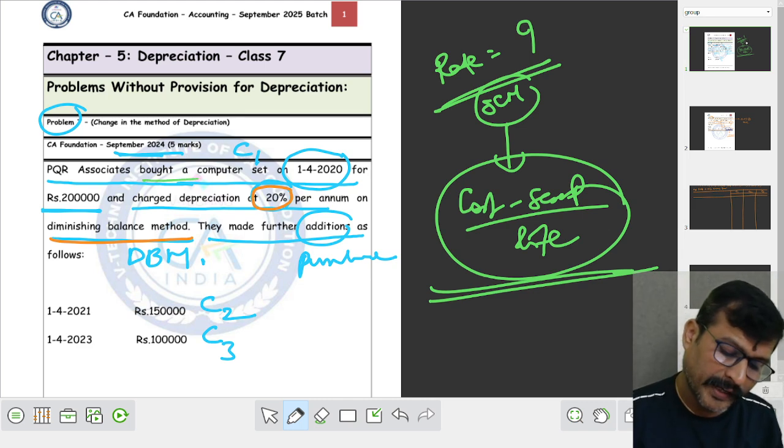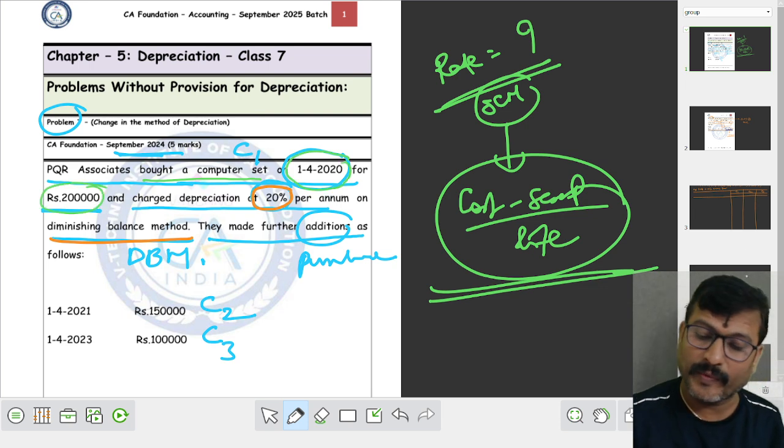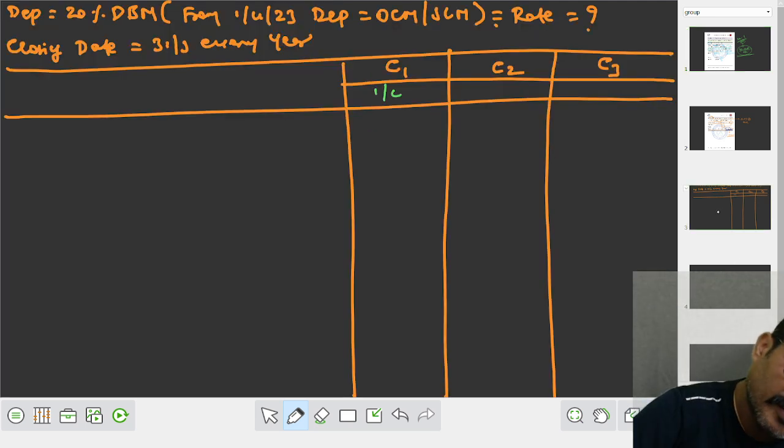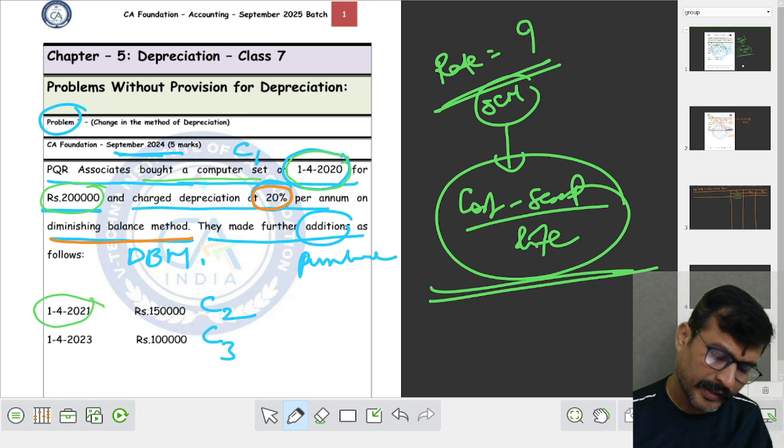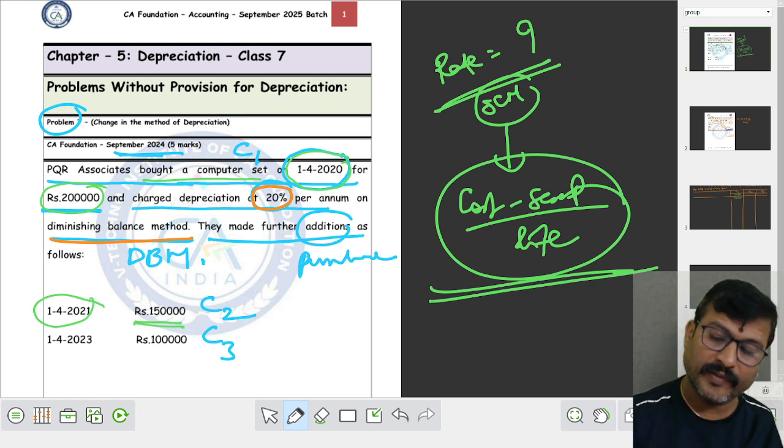They bought a computer on 1st April 2020 for rupees 2 lakh. When was the first computer purchased? On 1st April 2020, for an amount of rupees 2 lakh. Then the second computer is purchased on April 21 for 1.5 lakh.